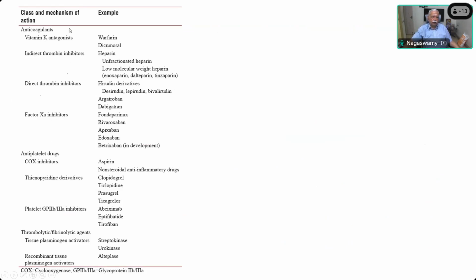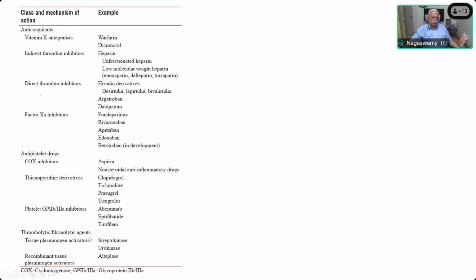So the main 2 classes are anticoagulants and antiplatelets. Under anticoagulants, you have these 4 categories: vitamin K antagonists, indirect thrombin inhibitors, direct thrombin inhibitors, and factor 10A inhibitors. Under antiplatelets, you have COX inhibitors, thienopyridines, platelet GP2b-3a inhibitors, and thrombolytic fibrinolytic agents like streptokinase and urokinase.